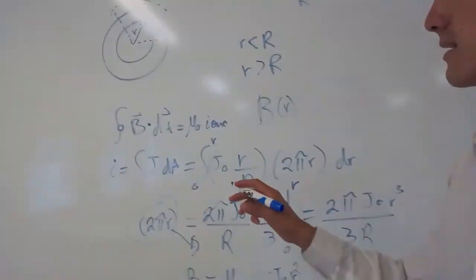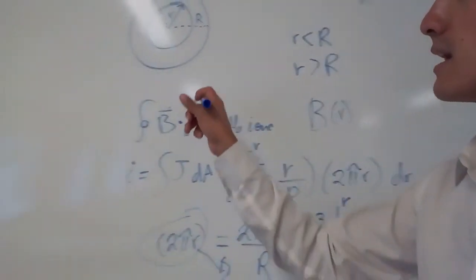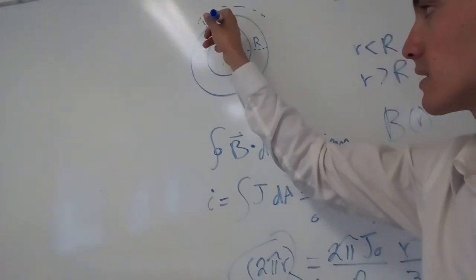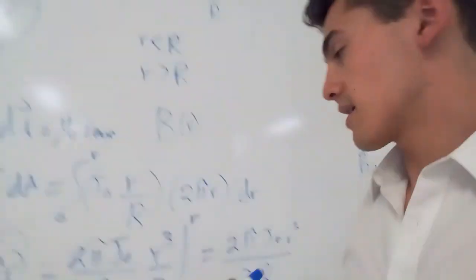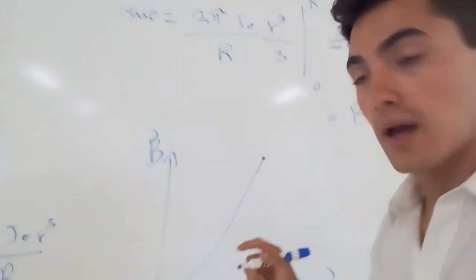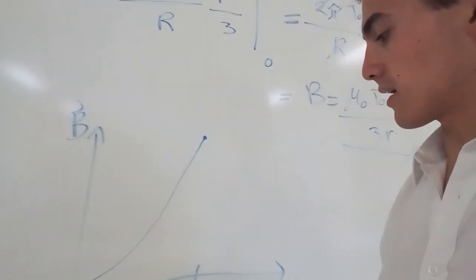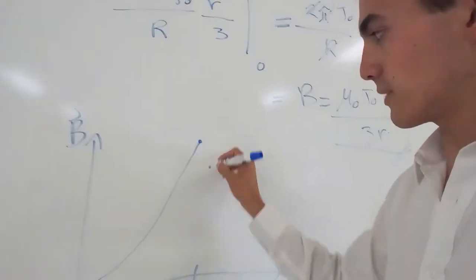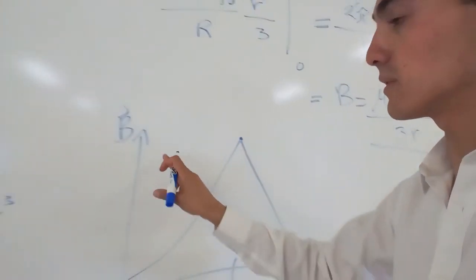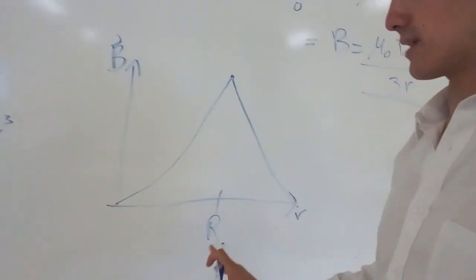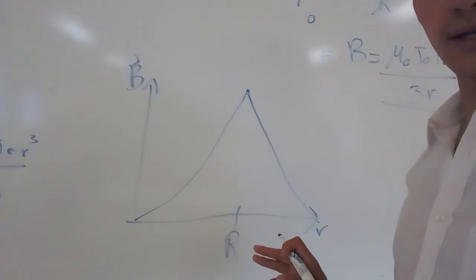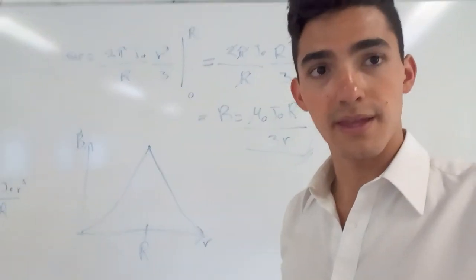As the radius approaches the cylinder's edge, the magnetic field will be rising. But once the radius is increasing beyond it, the magnetic field will decrease. So this is how the sketch will look, and this is how you solve this problem.